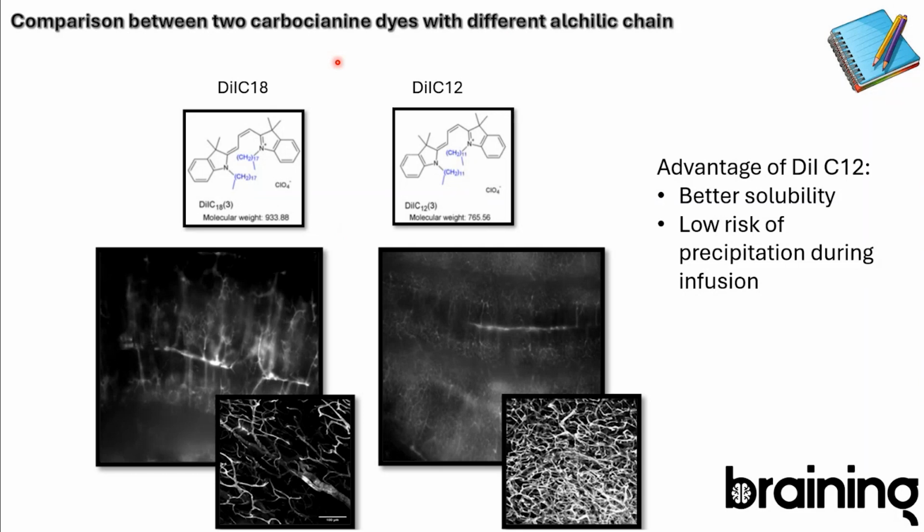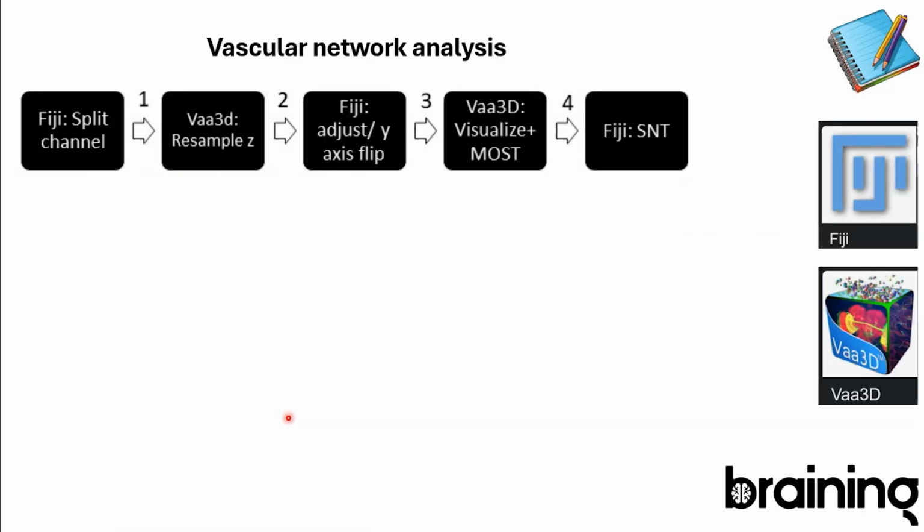Therefore, our suggestion is to move to the dye C12, which is instead more hydrosoluble, and you can see here how the staining of the vessels is really appreciable, with a higher capability of staining the full vessels. This reduces the chances of precipitation during the infusion, which might eventually affect the reproducibility of these results.